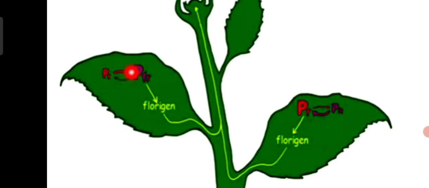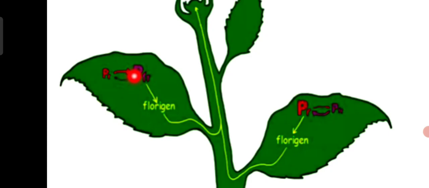PR to PFR conversion होते रहता है, isn't it? PR is converted into PFR and PFR is converted into PR. So they are interconvertible under the influence of red and far red wavelength. And ultimately, a specific ratio is established.